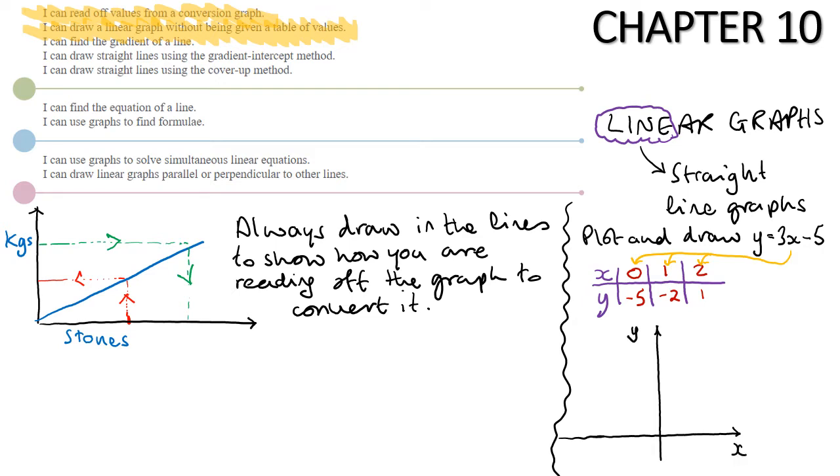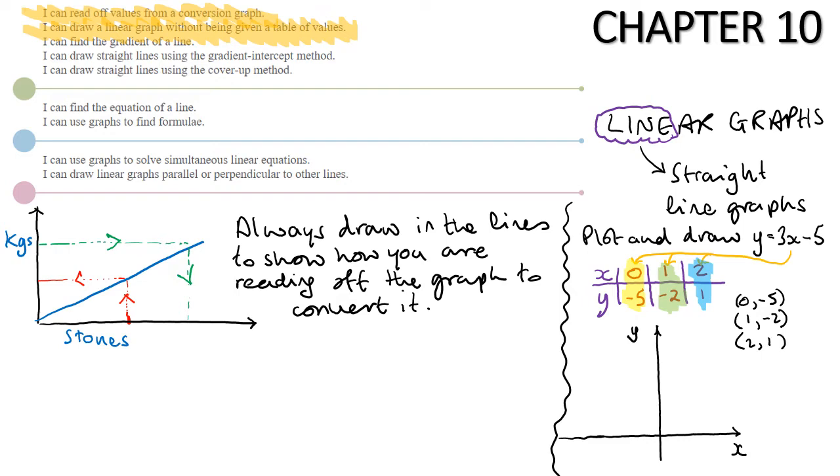Now what I've got is each column represents a different set of coordinates. So the three coordinates I'm going to plot are 0, -5 from the first column, 1, -2 from the second column, and 2, 1 from the third column.